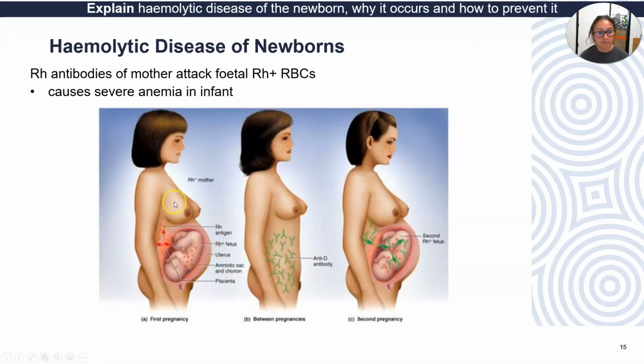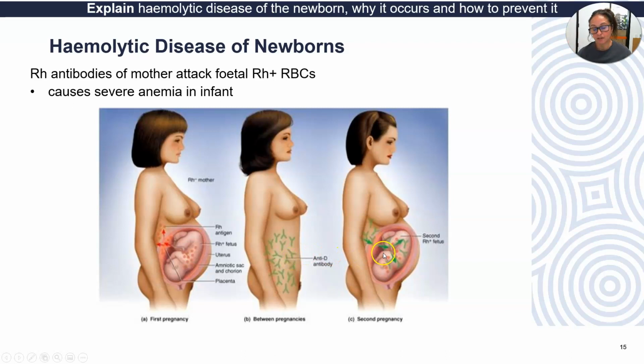So the mum is Rh negative, the baby is Rh positive. If an Rh positive cell goes into mum, mum is going to make antibodies to kill it because according to mum, that is a foreign cell. It doesn't belong to her. She's going to kill it.